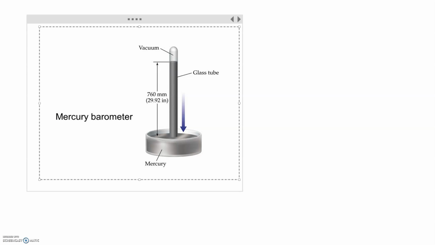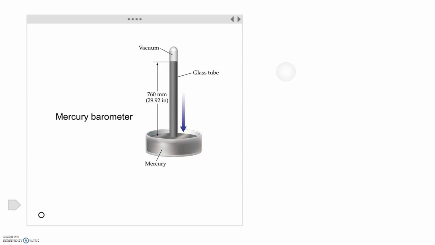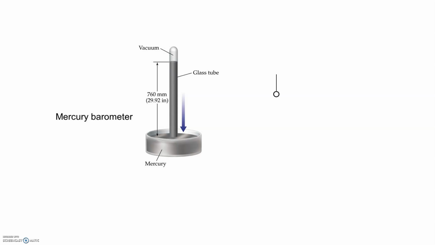This is a pretty accurate representation of the first barometer, the first device used to measure air pressure, and it was devised by an Italian guy named Torricelli. He was a student of Galileo, so we're talking about the 16th, 17th century.